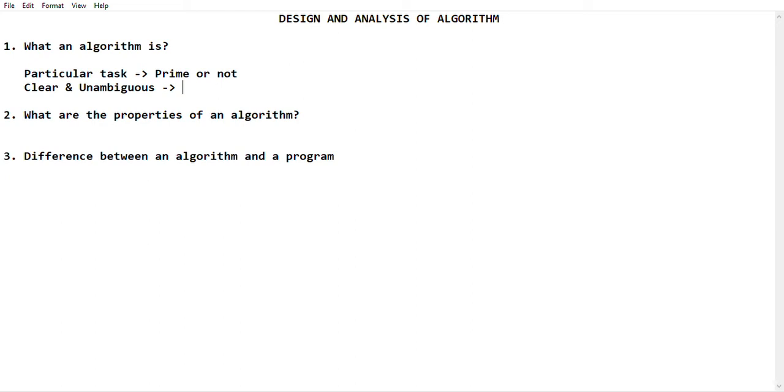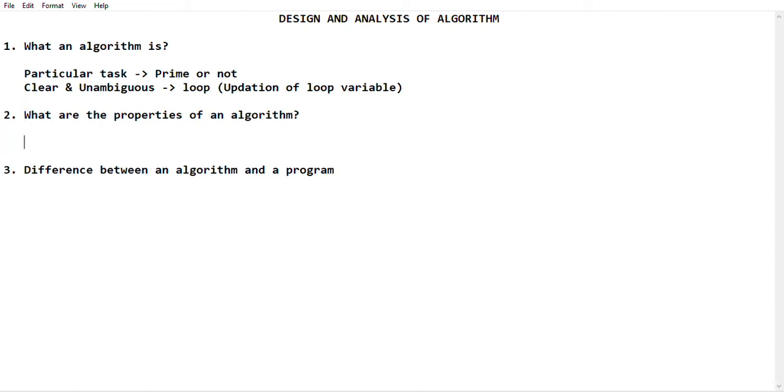In an algorithm, suppose we write a loop, and in that loop we forgot to mention the updation of the loop variable. This is one kind of ambiguity.